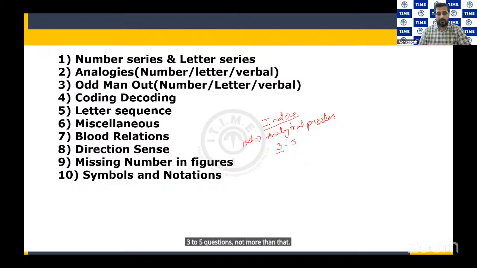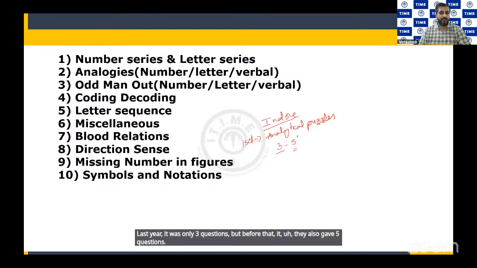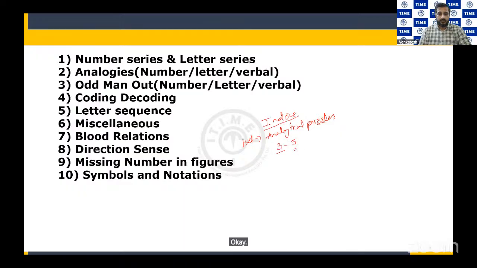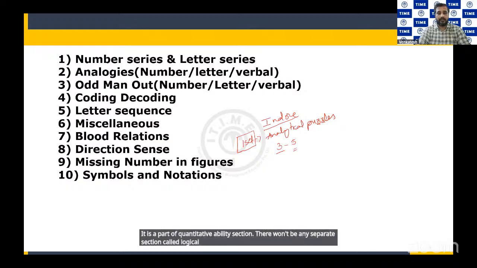Last year it was only 3 questions, but before that they also gave 5 questions. It is a part of the quantitative ability section. There won't be any separate section called logical reasoning in Indore.